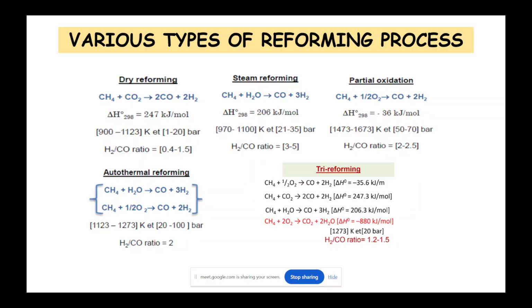Reforming process means you take this natural gas and convert it into a mixture of carbon monoxide and hydrogen, CO plus H2. So I hope you remember CO plus H2, that mixture of gas is also called synthesis gas, or in short syngas.